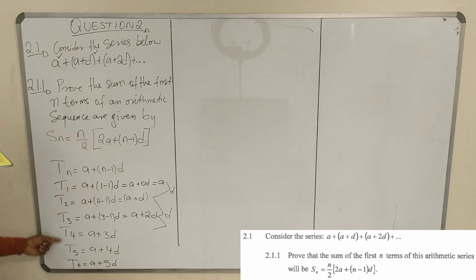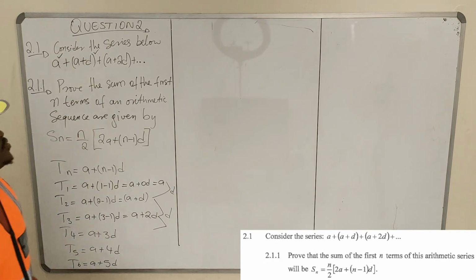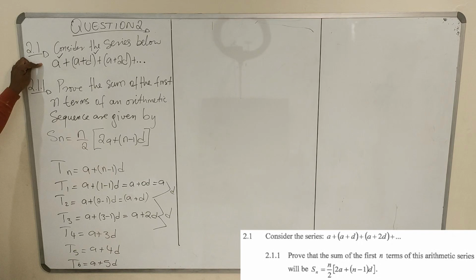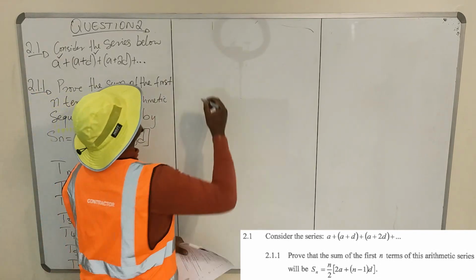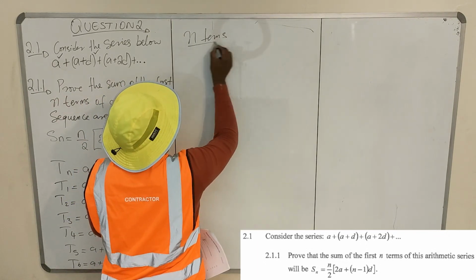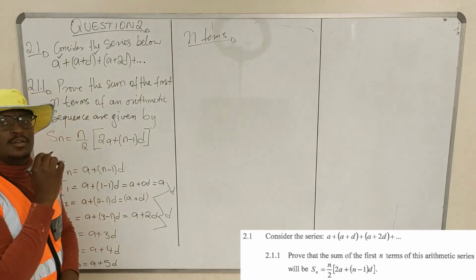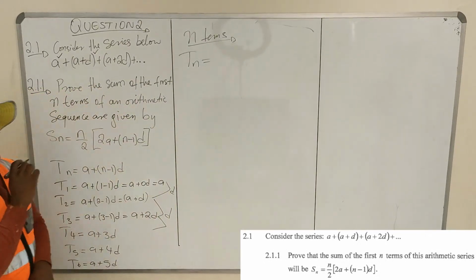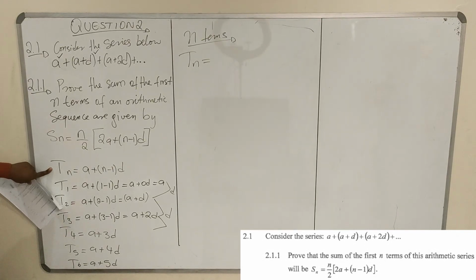These are the first 5 terms. But now, you are told that this series has n terms, because they are trying to find a sum for n terms, so now you must find Tn. So your Tn is your last term of this sequence.